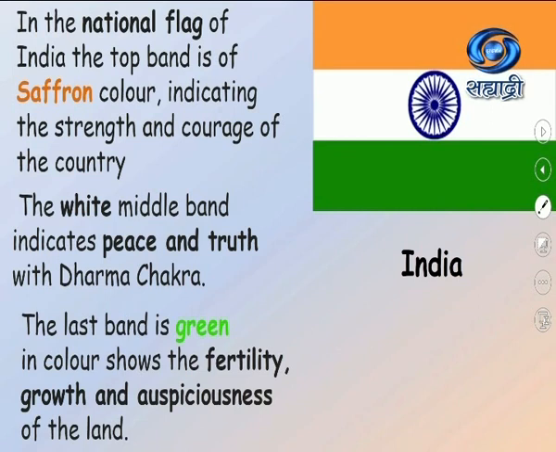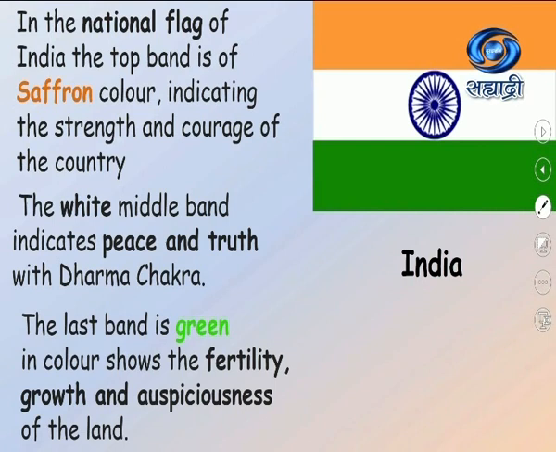Now this blue dharma chakra is also called Samay chakra. The dharma chakra has 24 spokes, which represent 24 rishis. It is also called Samay chakra, meaning it represents 24 hours.